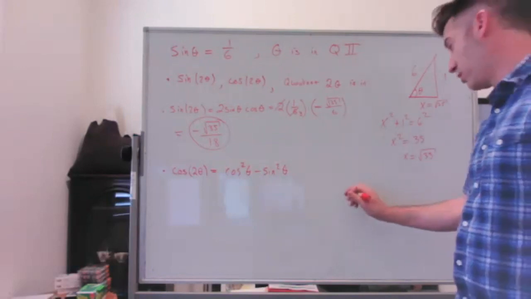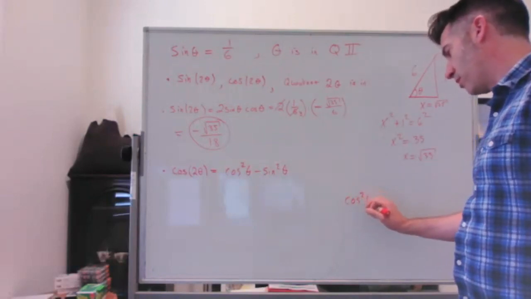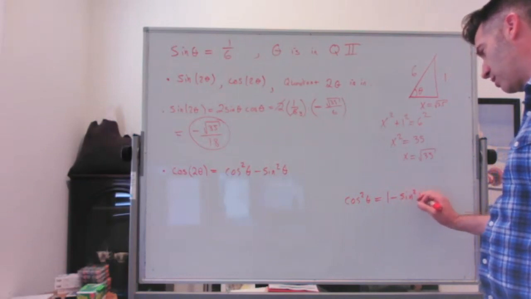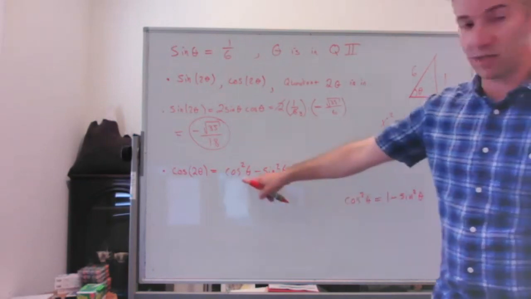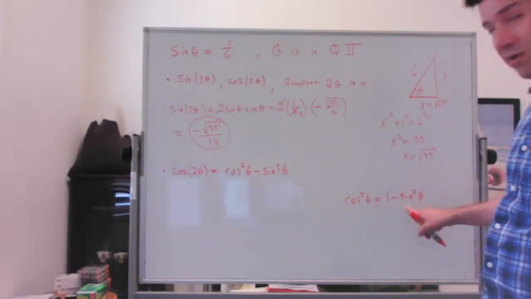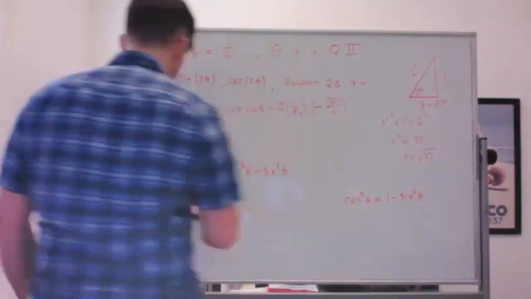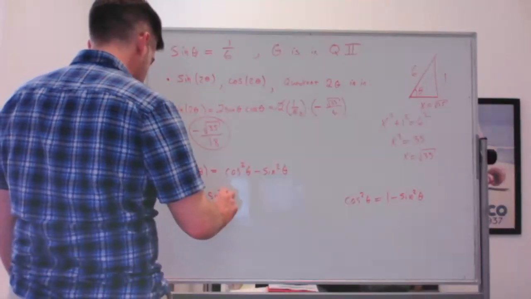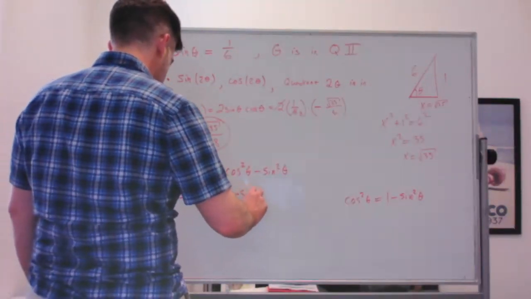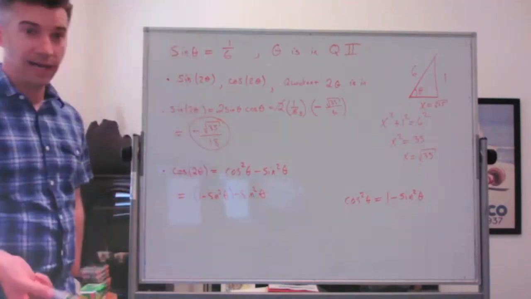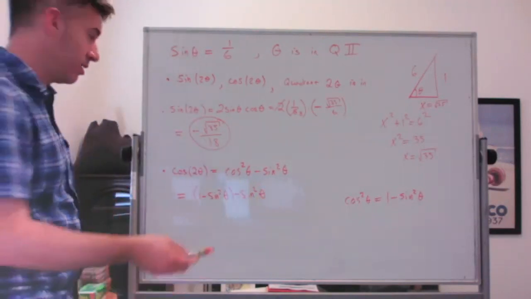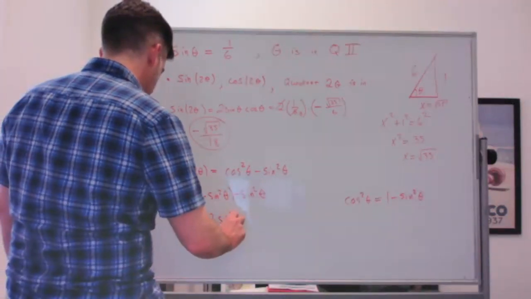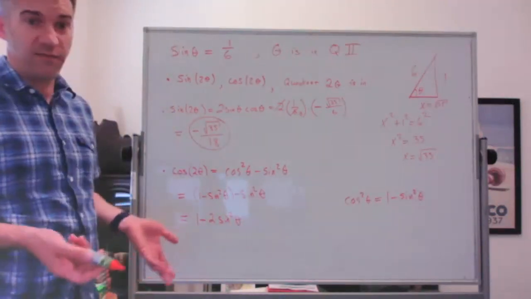For this problem, cosine squared theta equals 1 minus sine squared theta. So I can replace the cosine squared with 1 minus sine squared. So then I have 1 minus sine squared theta minus sine squared theta, which is really just 1 minus 2 sine squared theta. And then I can figure it out.